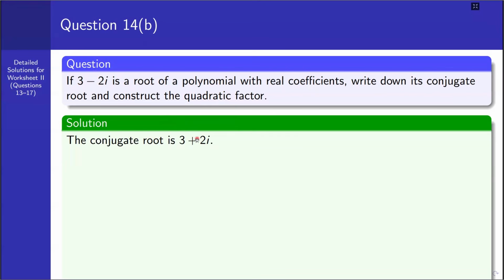So using the quadratic factor: applying the factor theorem, if 3 minus 2i is a root of a polynomial function, x minus (3 minus 2i) must be one of the linear factors of the given polynomial function.